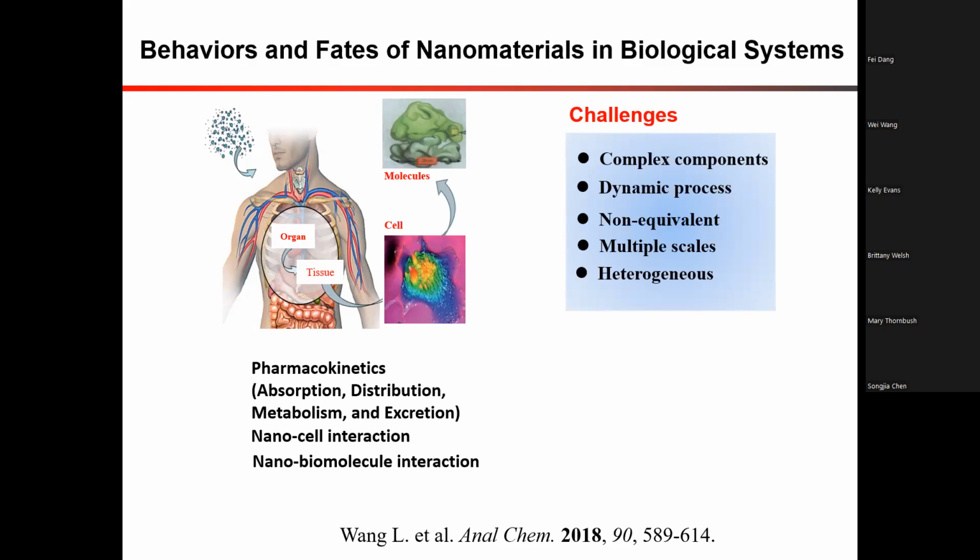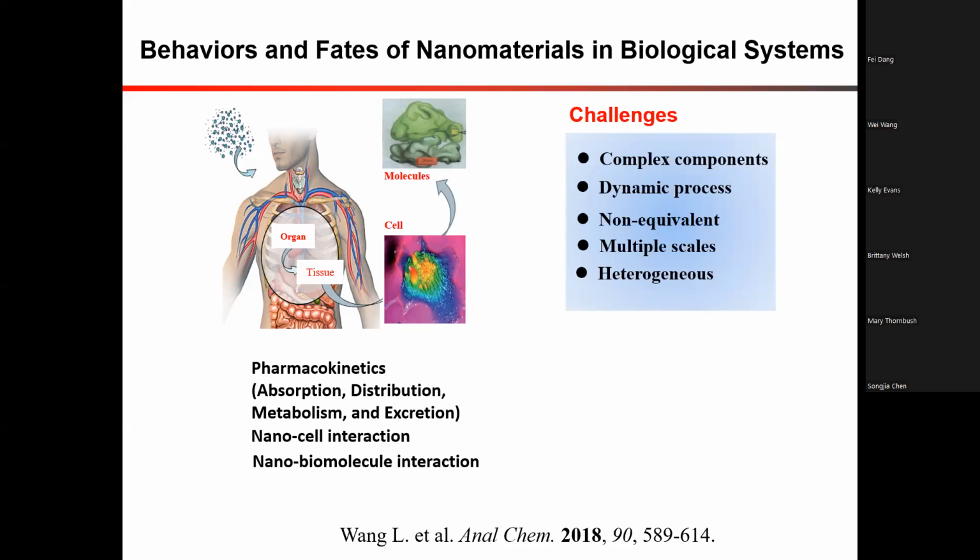So during the interaction, some complex reactions happen. One reason is the complexity of the biology system. It includes many kinds of molecules, cells, and tissues, and the concentrations of proteins and molecules are heterogeneous, with different concentrations and different distributions.